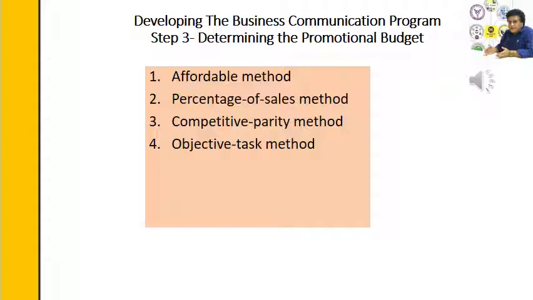So you will calculate the cost of everything using a desktop computer, or using your cost accountant, he will calculate the cost of everything, and this is how you will estimate the promotional expenditure. So these are four methods: affordable method, percentage of sales method, competitive parity method, objective task method.